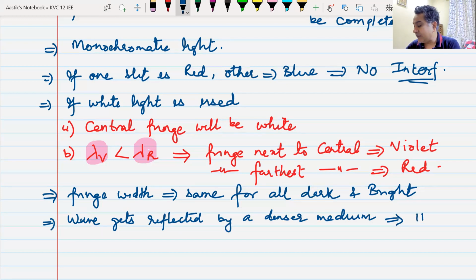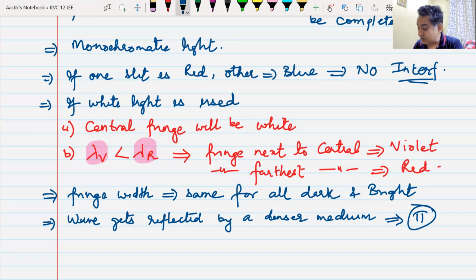It will undergo a phase change of pi. Maximum on the positive side, which is known as a crest, becomes maximum on the negative side, which is known as a trough.